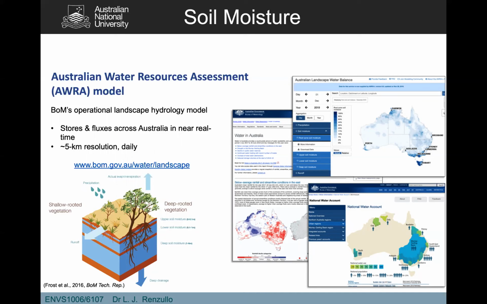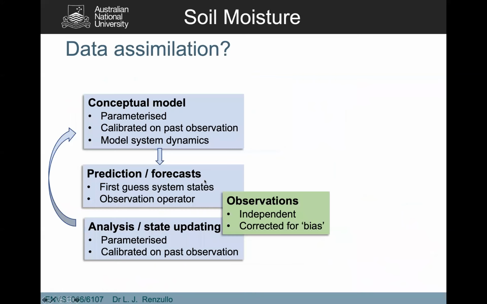So the question was, how can those satellite soil moisture products be used to better help predict the landscape water balance model? The details are not important, but do go have a look. There's a very good description of the processes at the water landscape website of the Bureau of Meteorology.